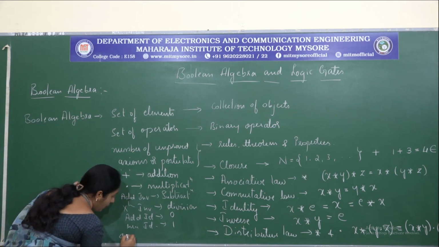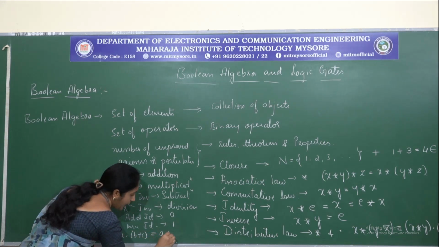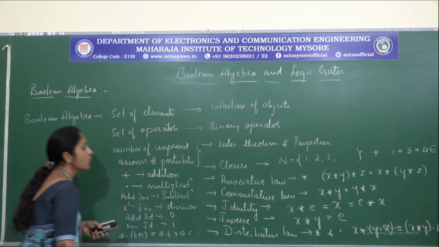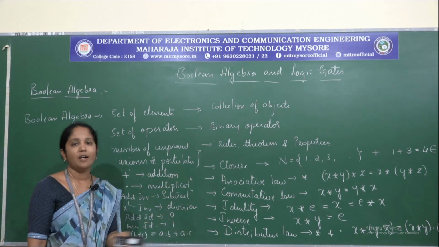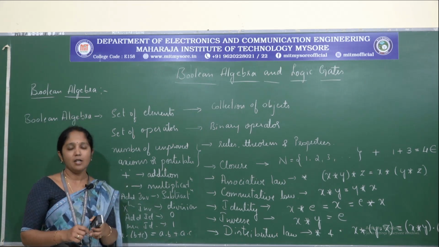That is, if you have A dot (B plus C), it can be written as A into B plus A into C. So this is the meaning of these postulates. Now let us see the different theorems we have in Boolean algebra.